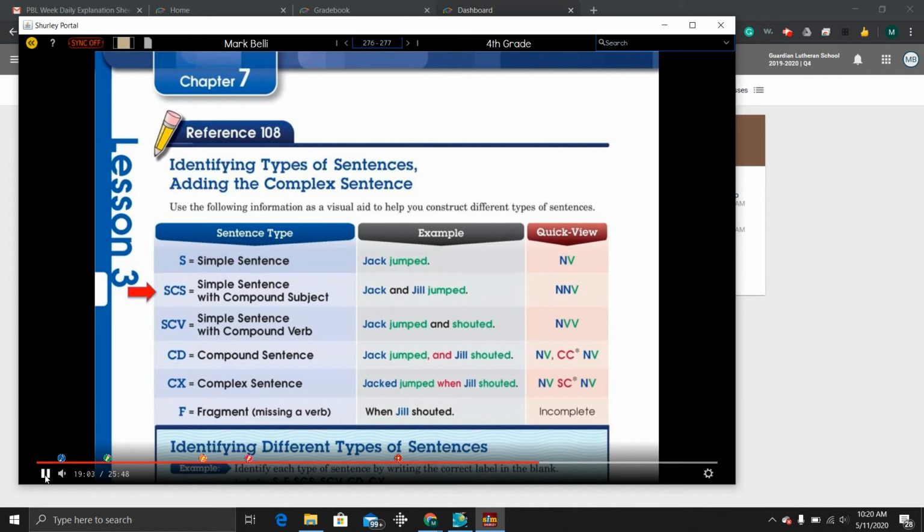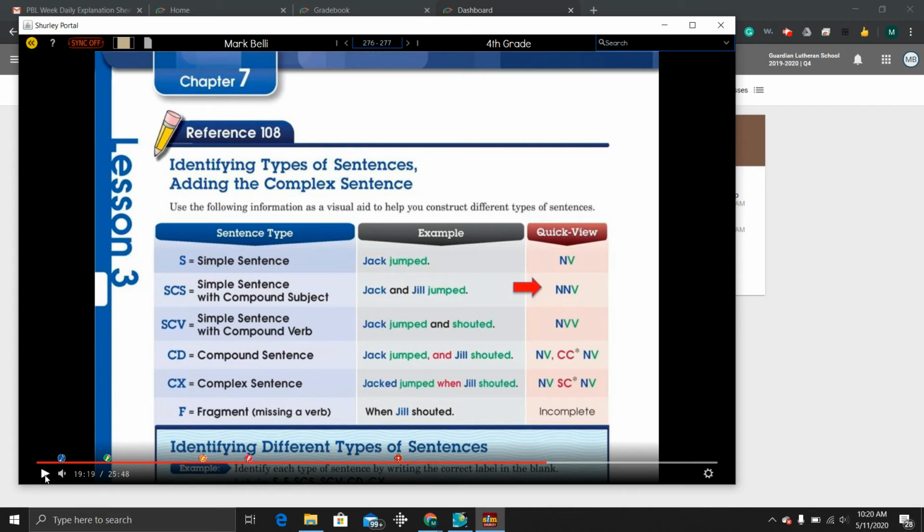The next sentence type is simple sentence with compound subject. Remember to label it capital SCS. Please read the example of the simple sentence with compound subject. Jack and Jill jumped. Okay, did anybody actually see Jack jump? Huh?